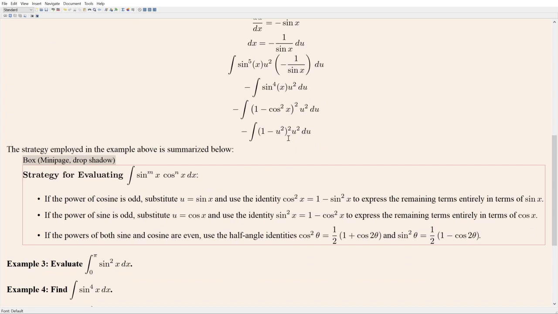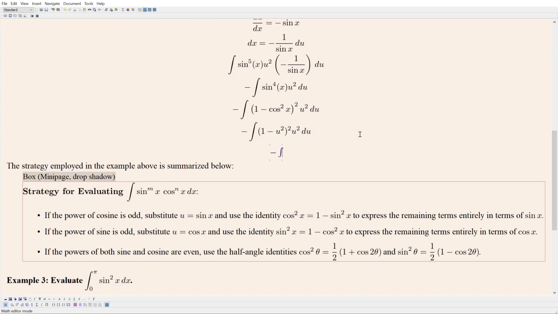And now we are in a position to integrate this, because all I need to do now is FOIL this out and then hit it with the power rule. So foiling this out, we get 1 minus 2u squared plus u to the power 4. And this is still all times u squared.